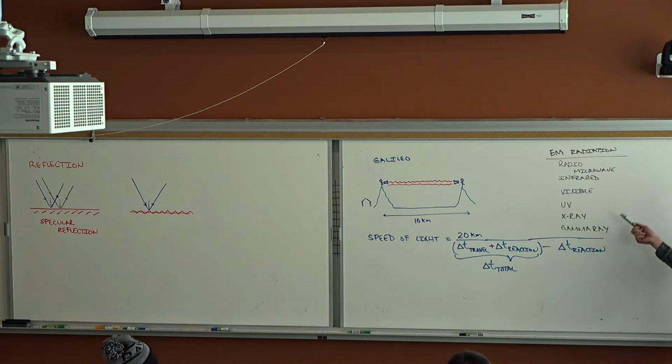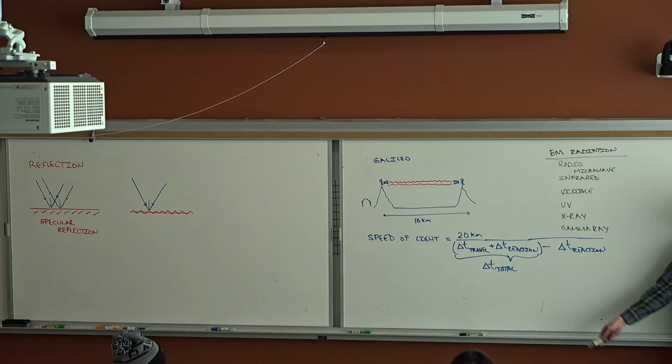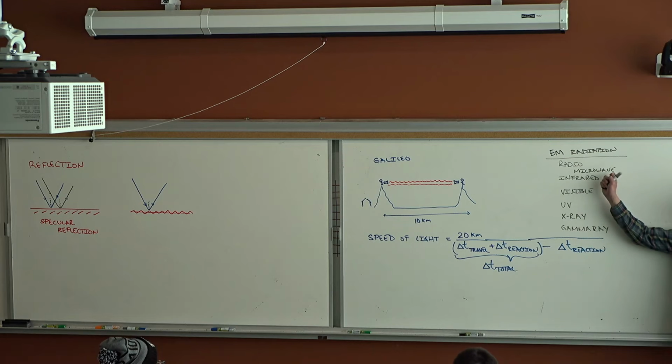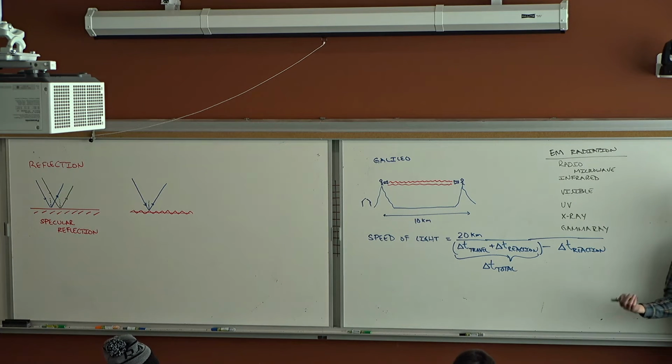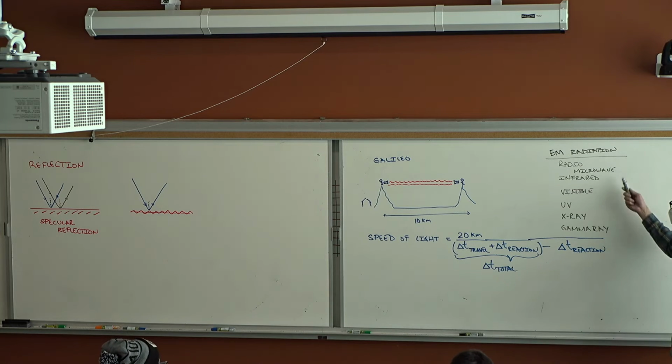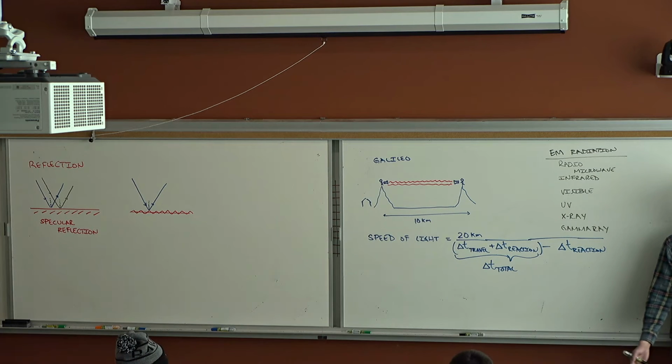Part of my research career involved the CMB, cosmic microwave background, leftover radiation from the Big Bang. I'm going to add microwave to the list just because it's been very important in terms of understanding the universe.